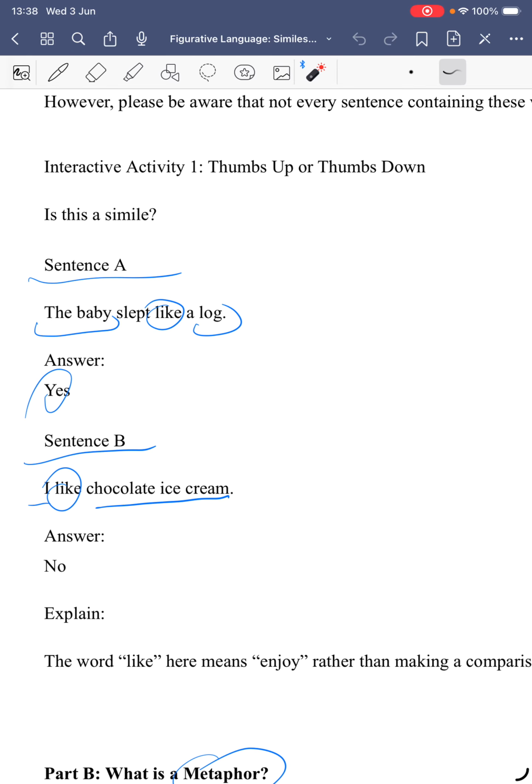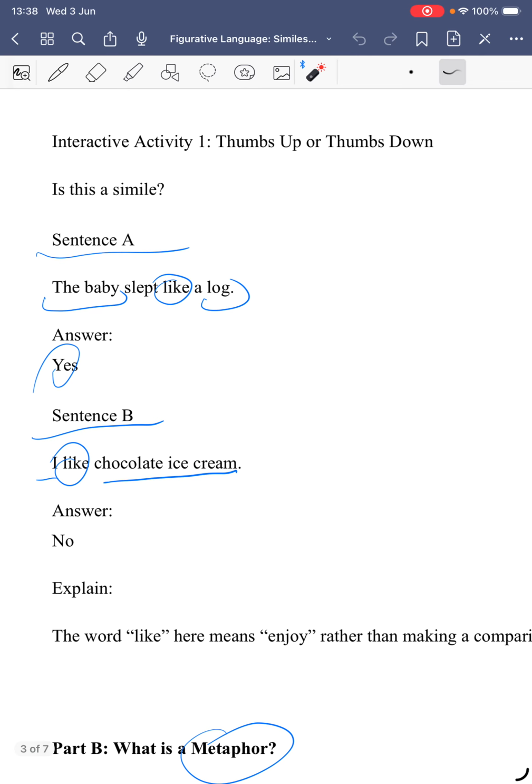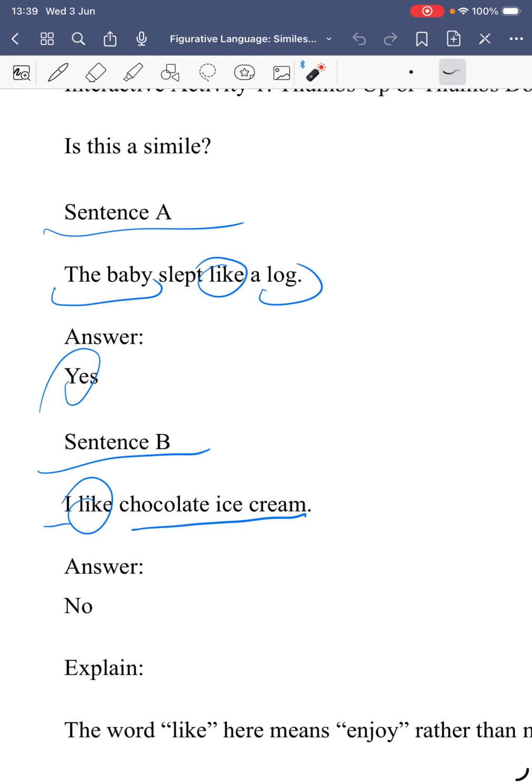Let's do a little activity to decide whether the following two sentences are similes or not. First one, the baby slept like a log. The answer is yes, because we have the subject, the baby, and the object, the log. We're trying to say that the baby slept so peacefully, sleeping really well.